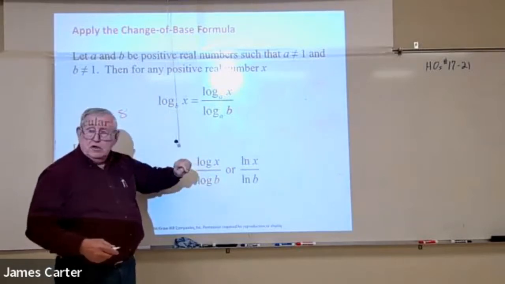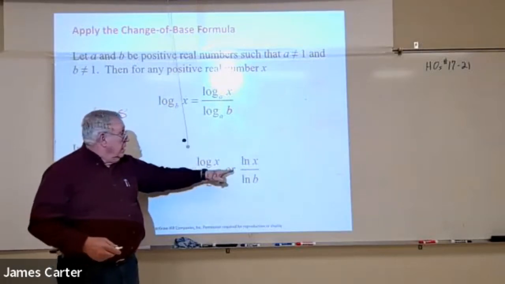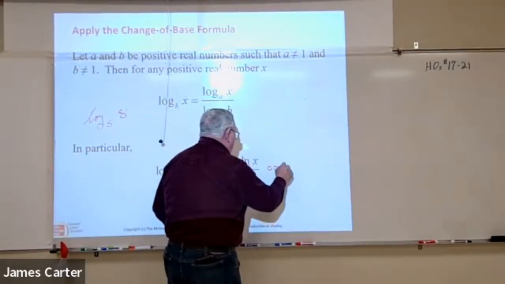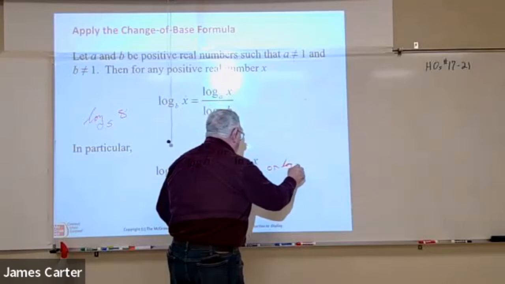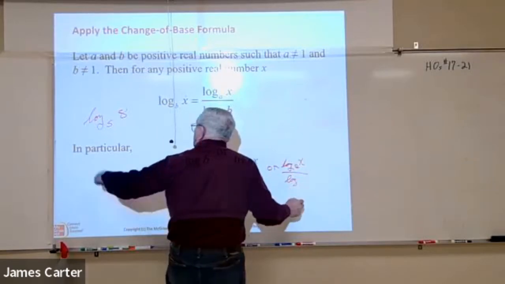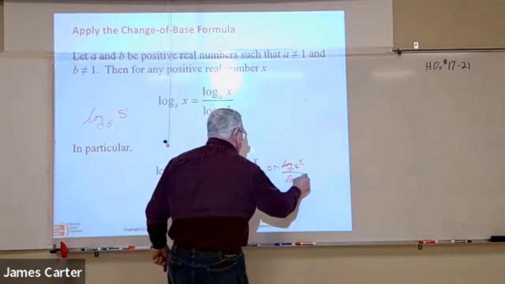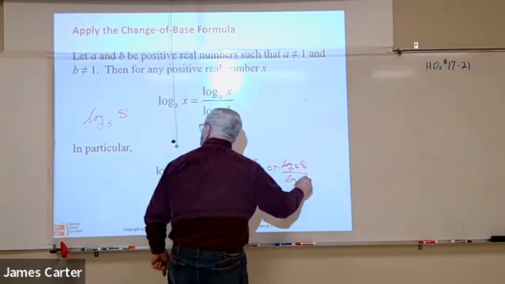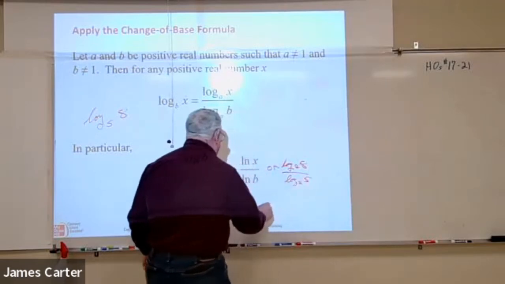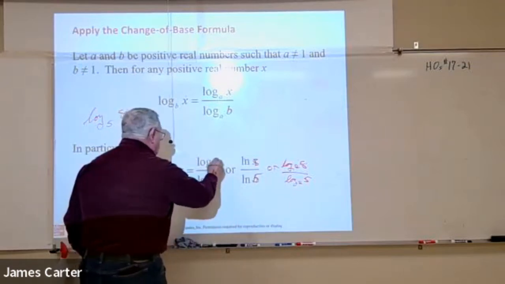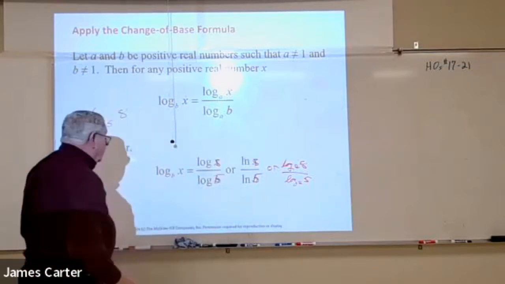If they do say with respect to E, then your answer is either this or, wait a minute, I've got an 8 there and a 5 here, 8 there, 5 here, 8 there, 5 here.